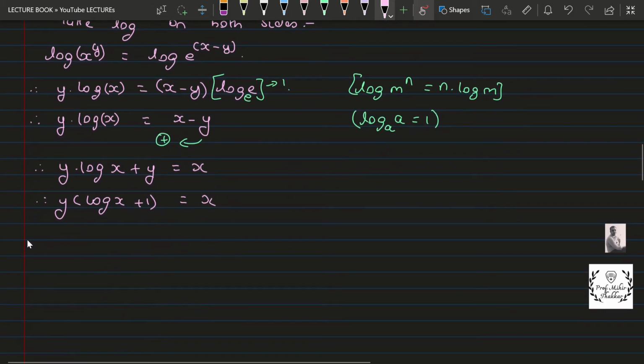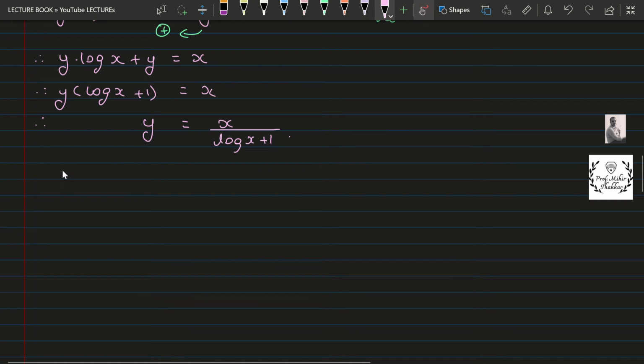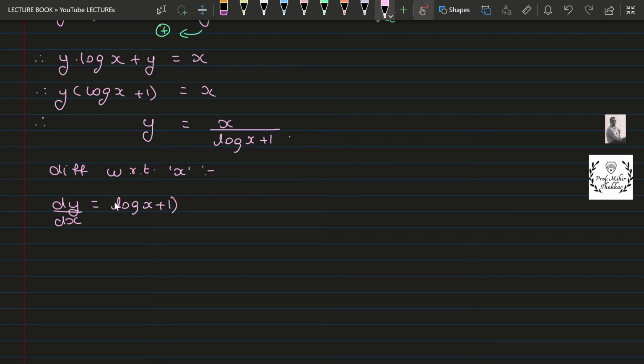And now we can write y is equal to x upon log x plus 1. Now any further simplification is not possible, guys. So now we will differentiate with respect to x. So dy by dx is equal to, okay, before directly solving, let me give you the rule.